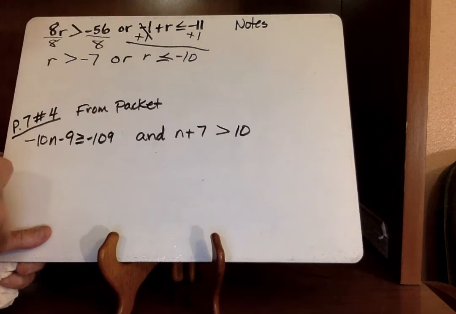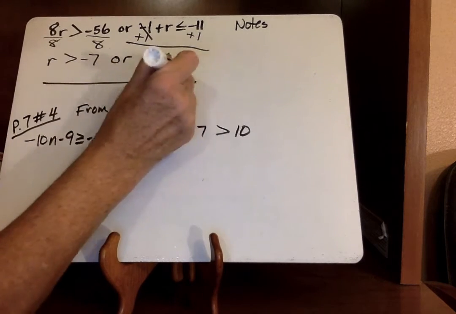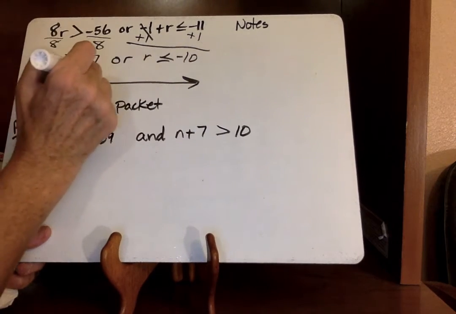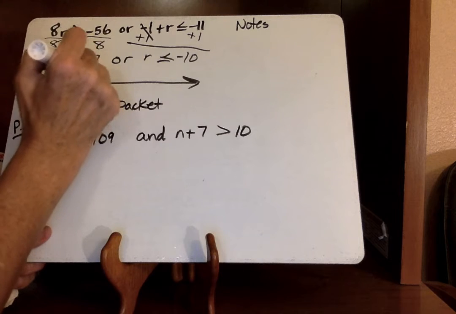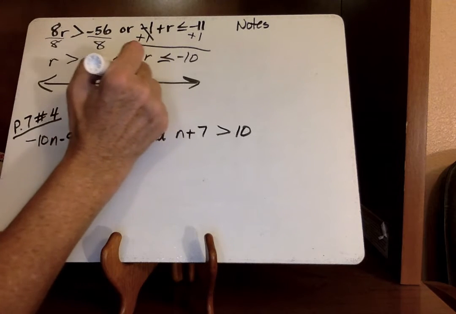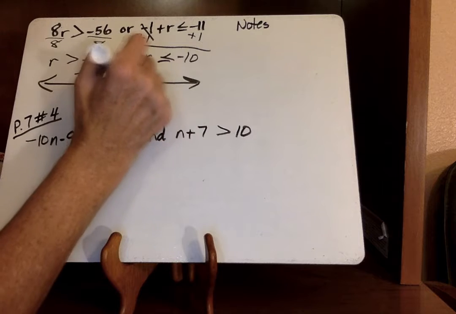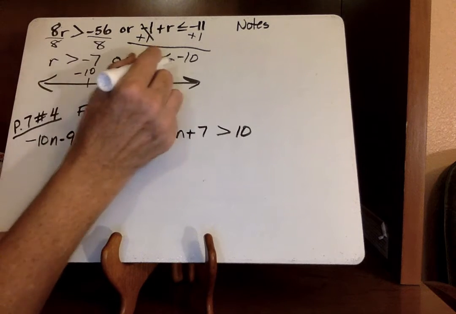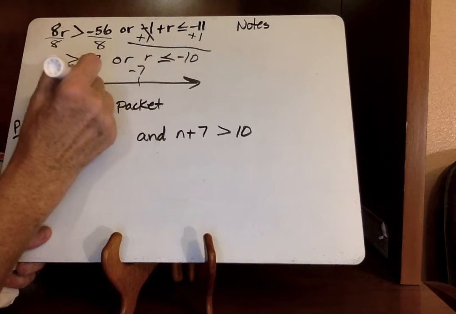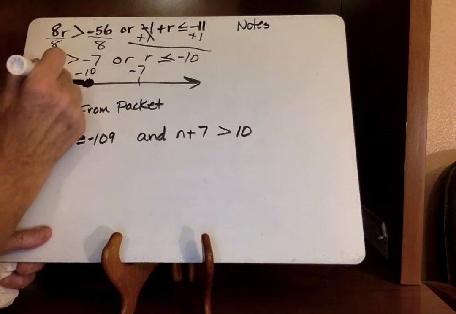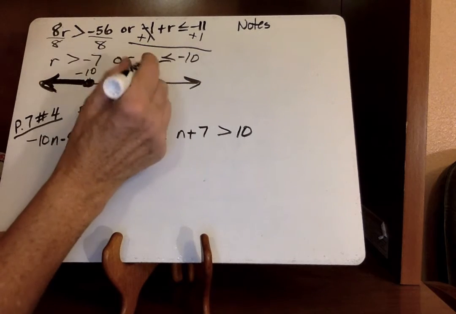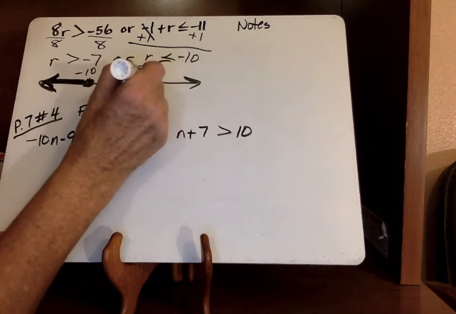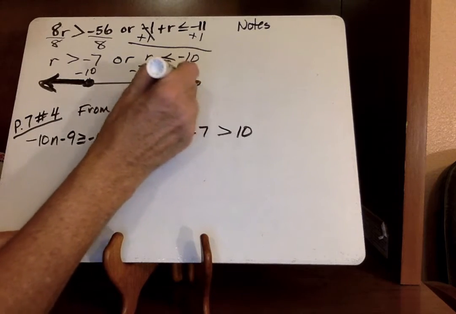Okay, that goes away. So to graph that, I'm going to put negative 10 here, negative 7. Negative 10, less than or equal to, so it's a closed dot this way, and r is greater than negative 7, so that's an open dot this way.